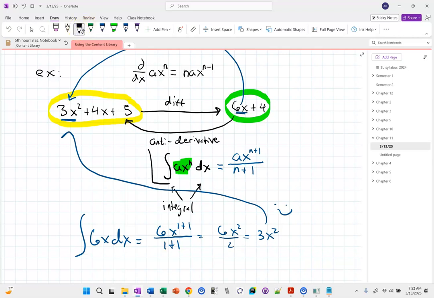So this rule right here is going to be what we'll use to find these antiderivatives. Everybody feel okay?